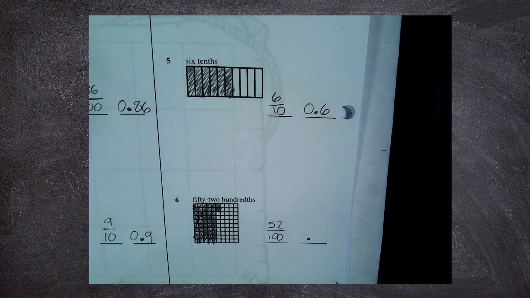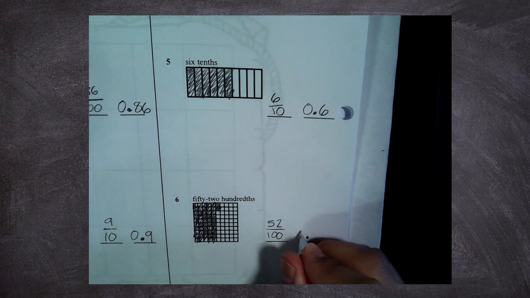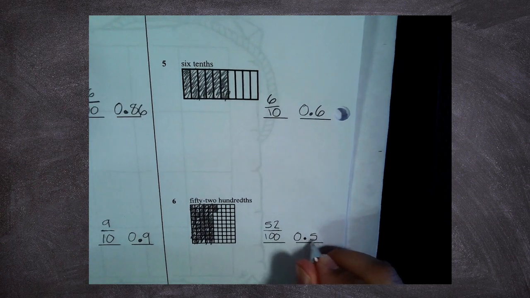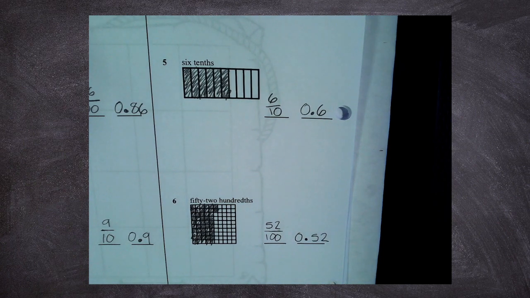Okay, who can help Jada out? What should the decimal be for number 6? Alexa, what do you think? 0.52. Exactly correct.